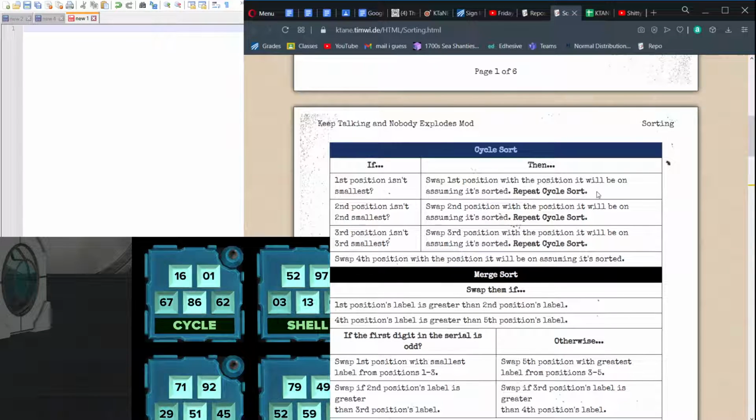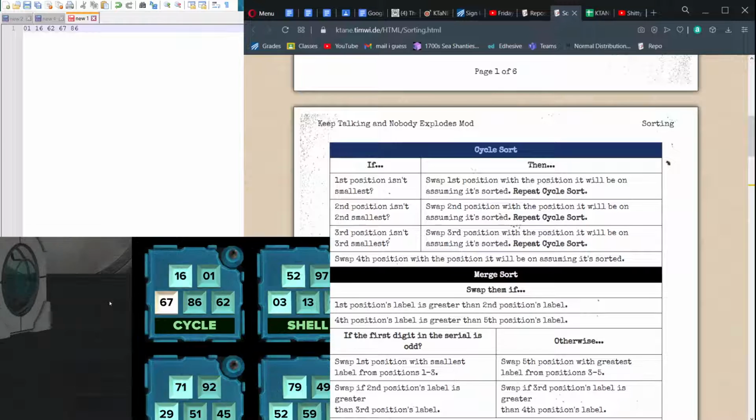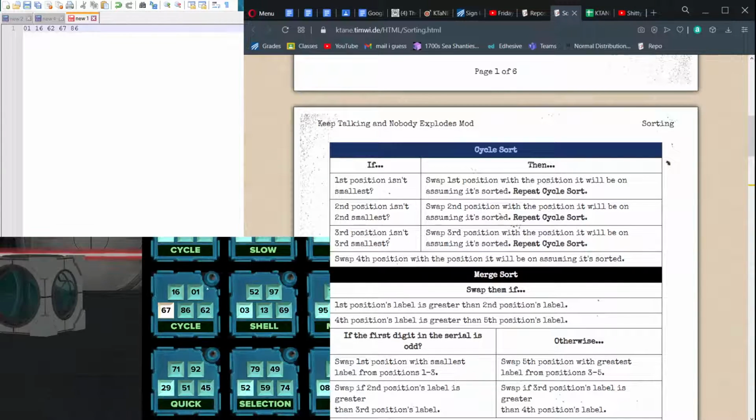Essentially, you start with the leftmost unsorted position, and then you swap it with the spot that it would be when it's sorted. So if we have 67, 16, 86, 1, and 62, the correct order will be 1, 16, 62, 67, and 86. 67 goes in the 4th spot, so we swap it.